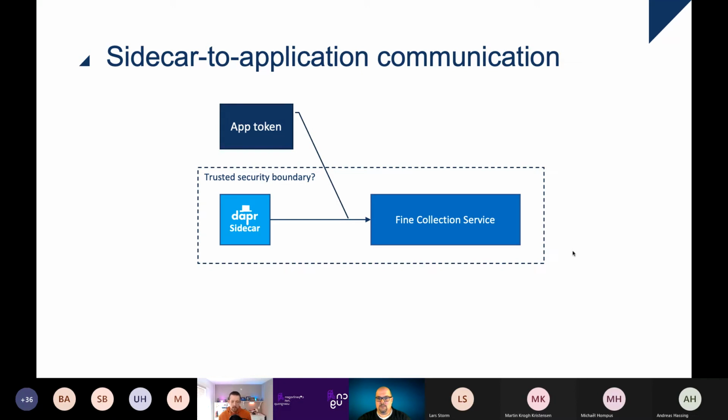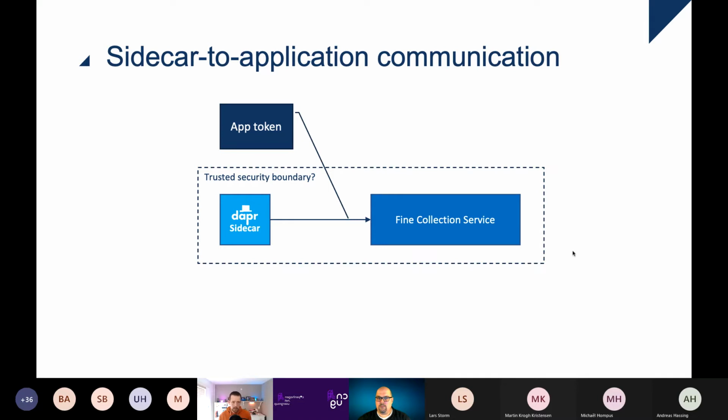In that case, you might want to have a similar level of security, and that is called an app token instead of an API token. But it works basically the same. You set up a secret, the Dapr sidecar will include it in every request to your application, and then it's up to your application code to validate that and make sure that it's the correct token.